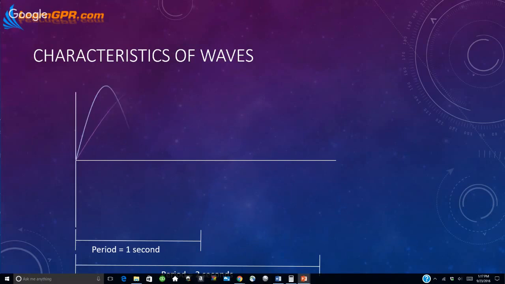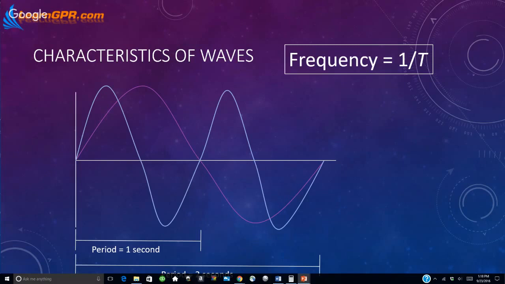Now this blue wave that came up next has a different period. It only takes the blue wave 1 second to complete a full cycle. The purple wave takes 2 seconds, which is its period, and the blue wave takes 1 second. So the question is, what is the frequency of each of these waves?